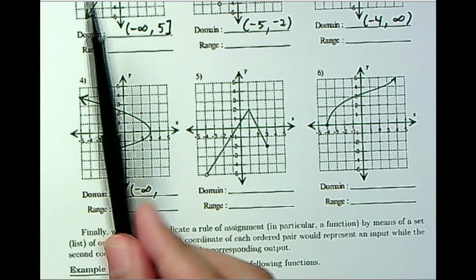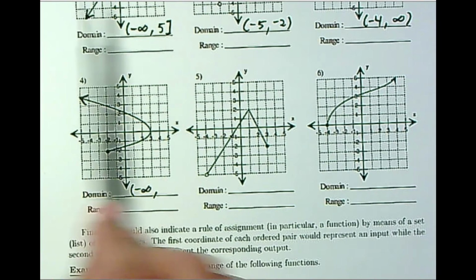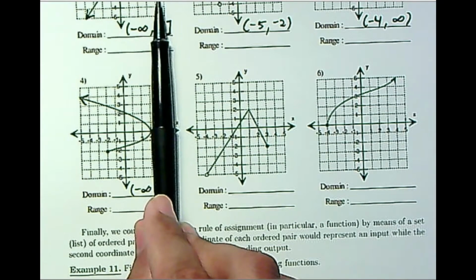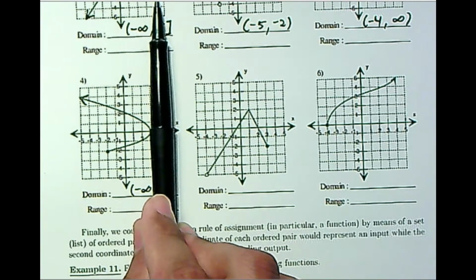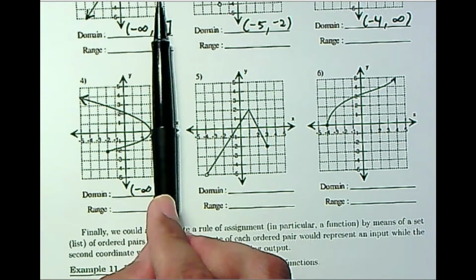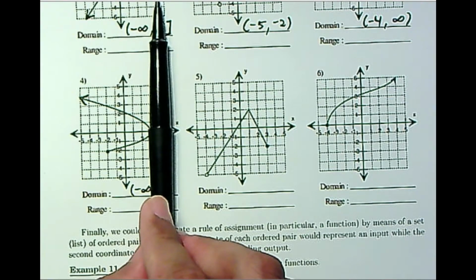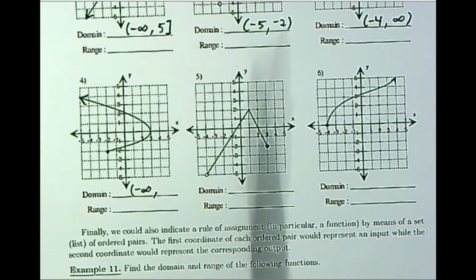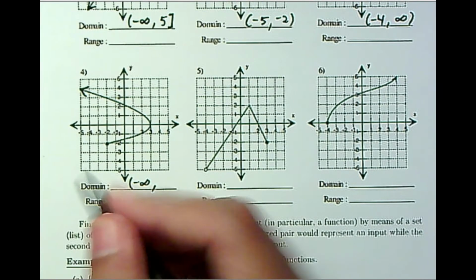Then when you look to the right, the graph never passes this point right here. That is the furthest it goes on the right. So it stops right at 3.